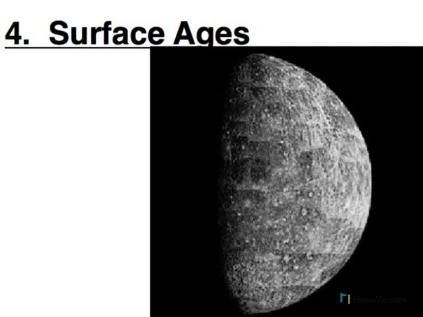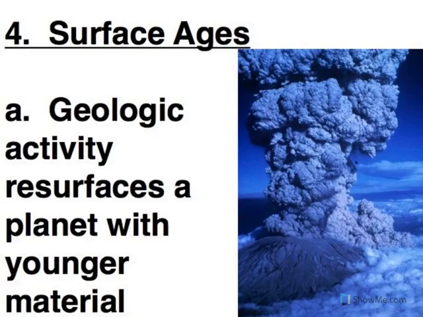The age of the surface of a planet then is based upon how old are the rocks on the surface. Not how old is the entire planet, but just the stuff on the surface. And in order for the surface to be a different age than the planet as a whole, you need to have geologic activity.